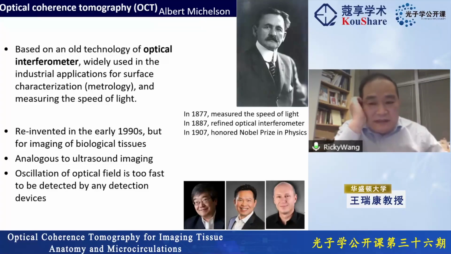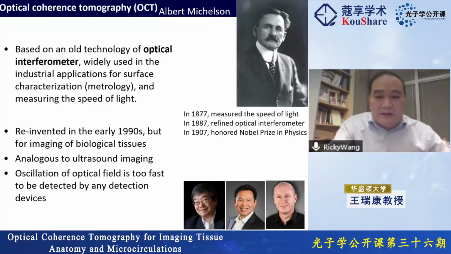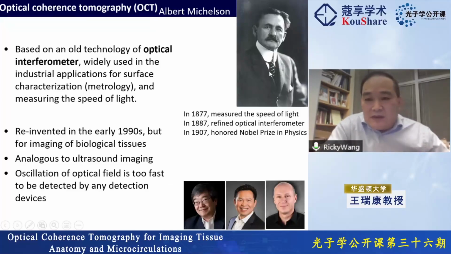It's about 150 years old technology, and this is Michelson here. He made a huge contribution to our field, in particular the optics field, and he invented his interferometer to measure the distance and speed of light.